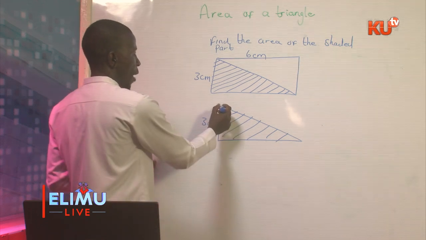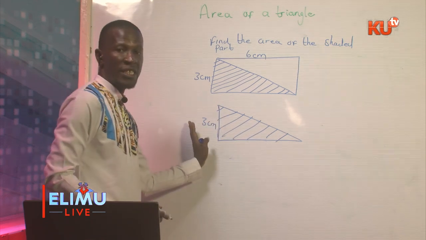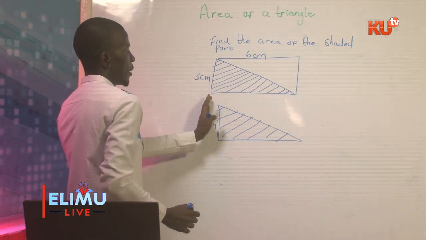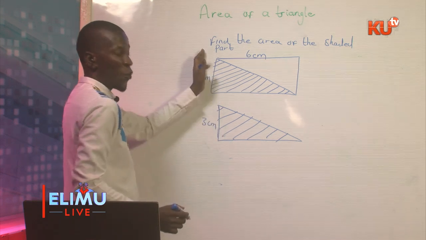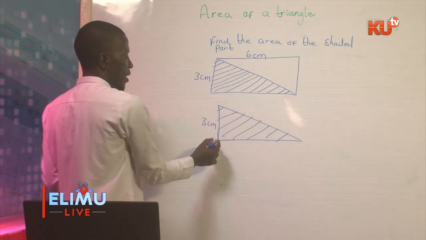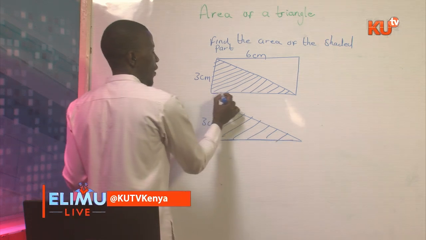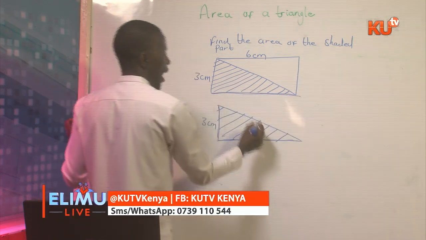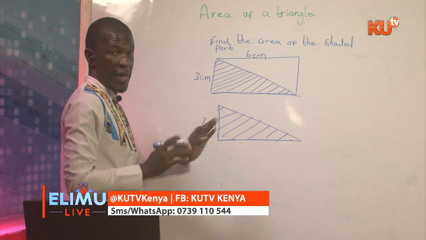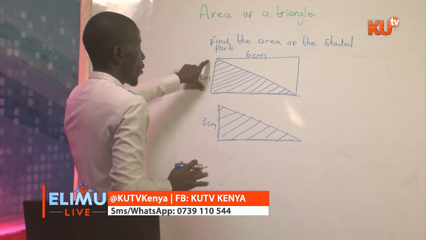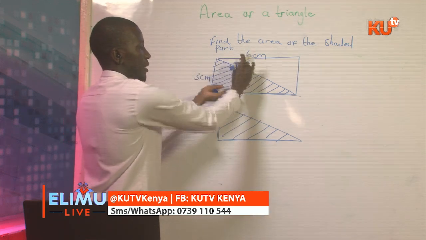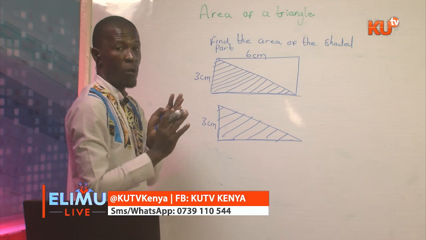So this is our base, which is 3 centimeters. This base forms the width of the rectangle. Then the longer part, which is the length of the rectangle, forms our height. Remember, in a rectangle, the two opposite sides are equal.